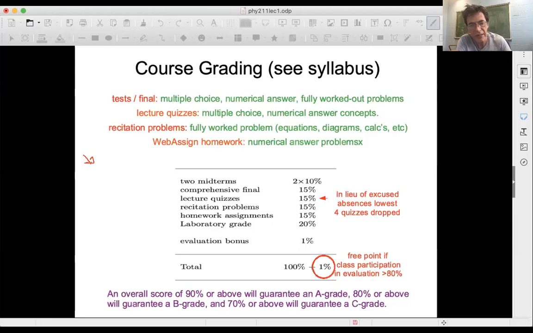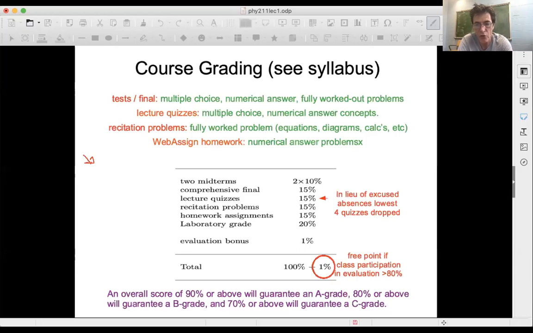For the lectures here, one thing I'll do is instead of having excused absences, I'll drop your 4 lowest quiz scores. That way we don't have to keep track of a lot of excused absences on individual quizzes.